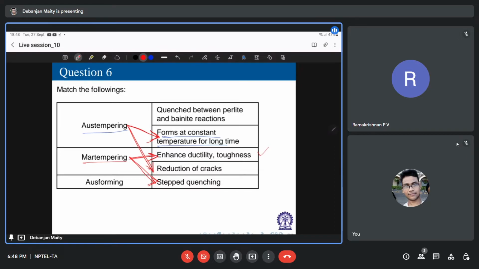And now coming to ausforming. Ausforming is a kind of thermomechanical process which consists of simultaneously tempering, then rapid cooling, maybe some kind of deforming through cold rolling or maybe forging, and quenching to perform this shape and refine the microstructure together.